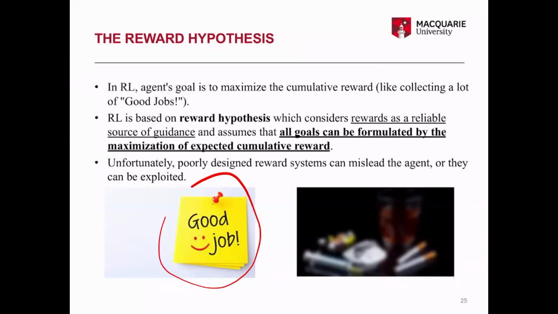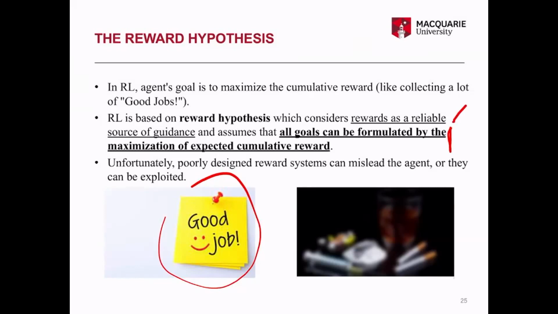We're saying in the reward hypothesis that all goals can be formulated by maximizing the expected cumulative reward. It might not be the case in some situations, but that's how we define it, and that's what we're assuming.